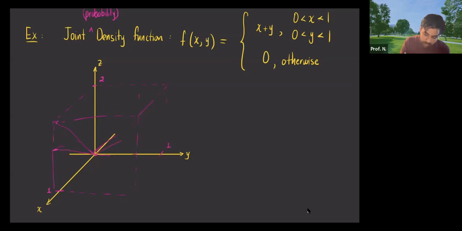Sorry guys, this is not going to work out so nicely, but I'll try my best. At least you got to see the actual thing. Disregard this little line here, that's wrong. This should be a 1 here. So this here is 1, this here is 1. I tried my best.